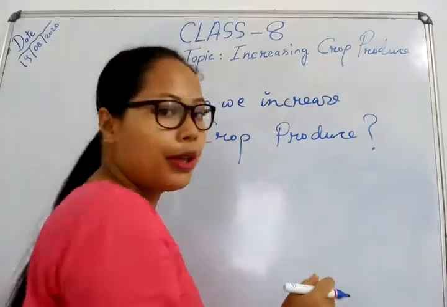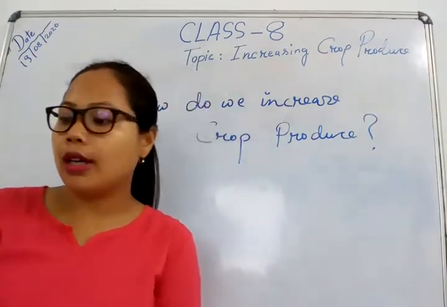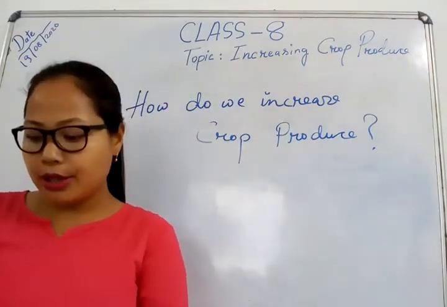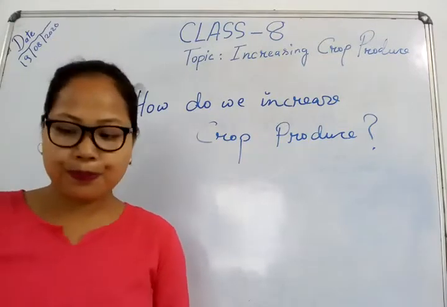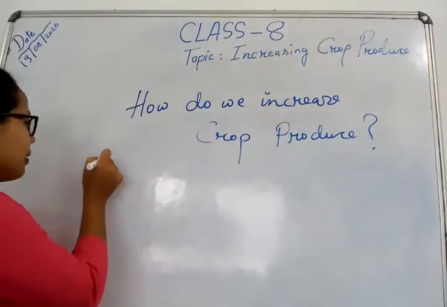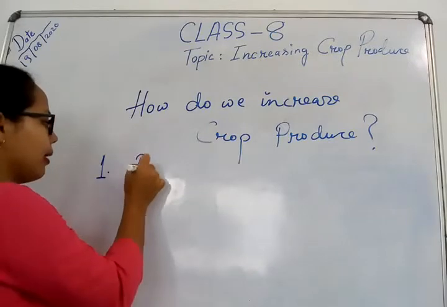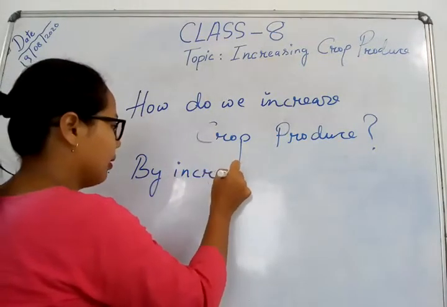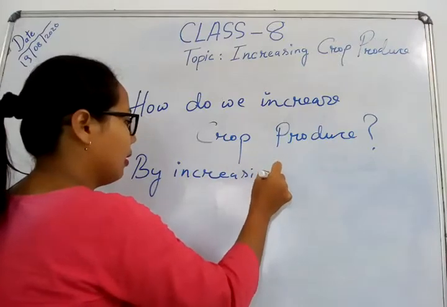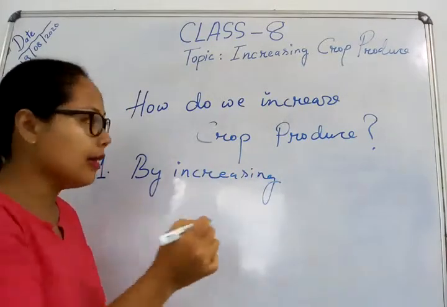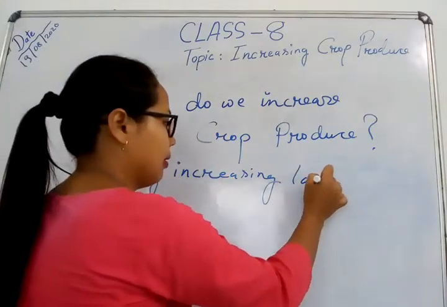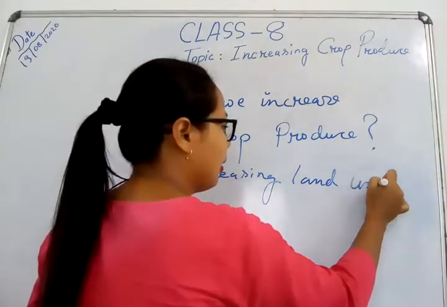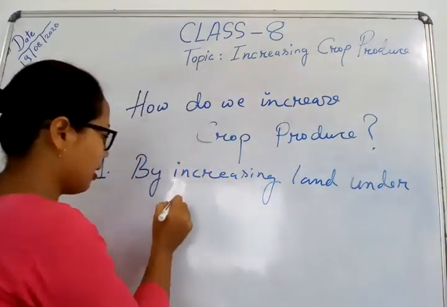So now we are going to see how we can increase this crop produce. So the first one is by increasing land under cultivation.